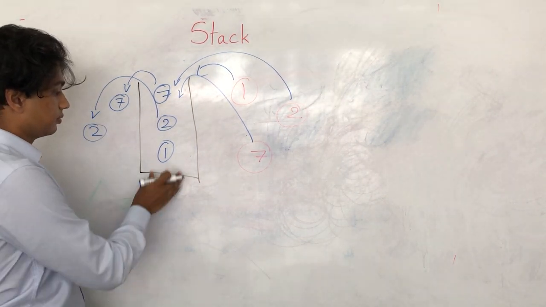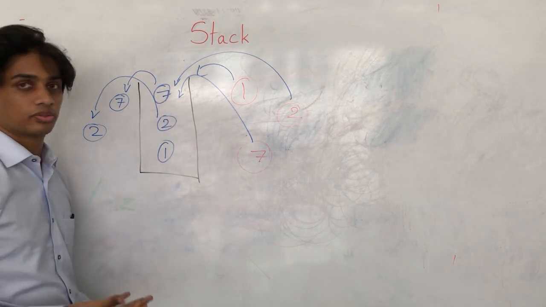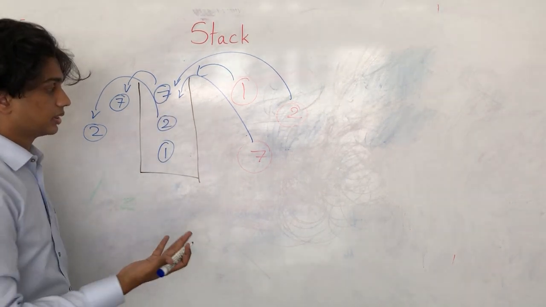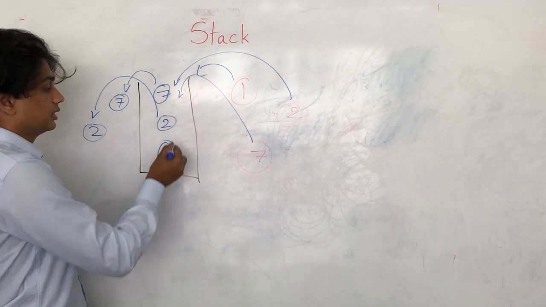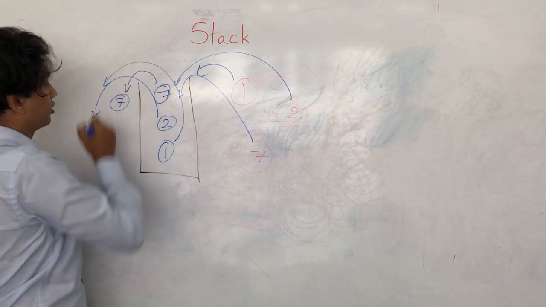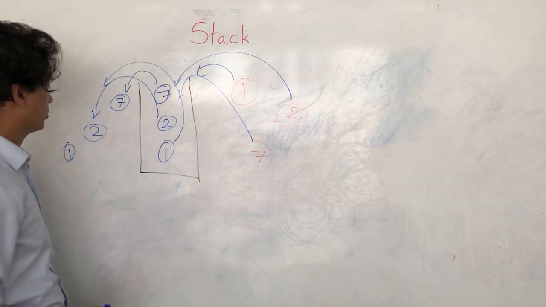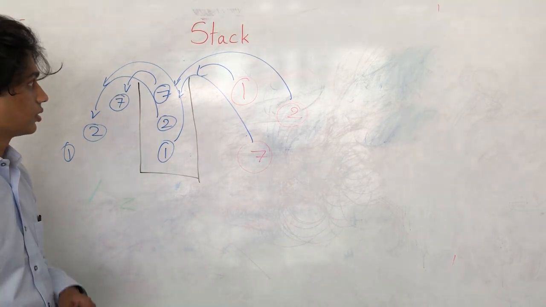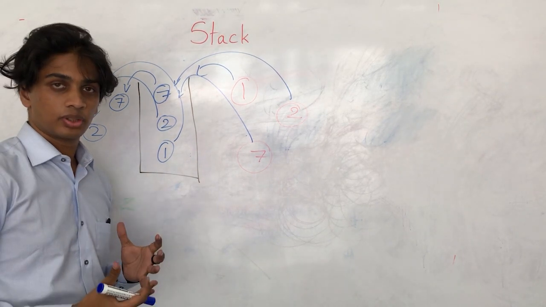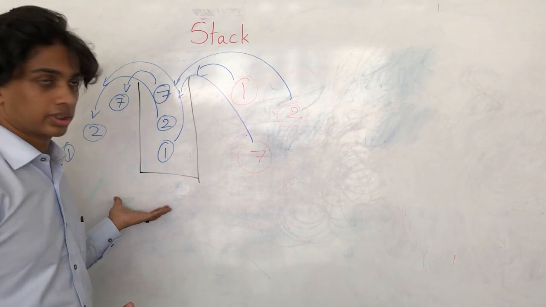And finally, we take the first element, which is the last element in the current state of this stack, out of it, which is number 1. So I hope you have a small idea of how a stack works.